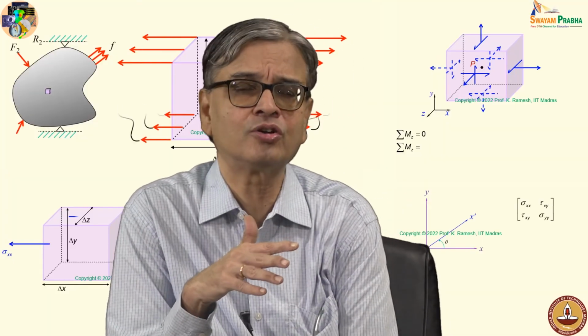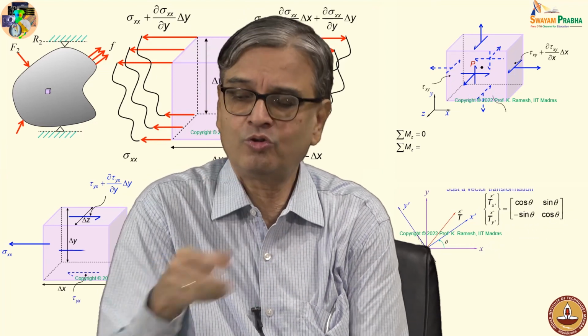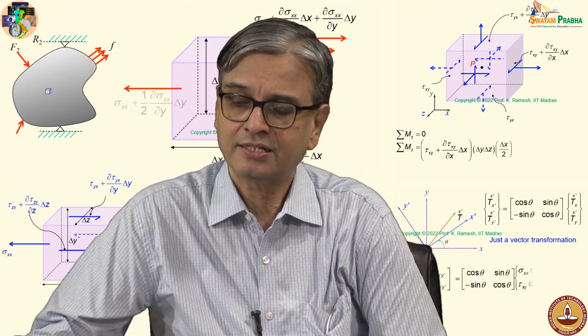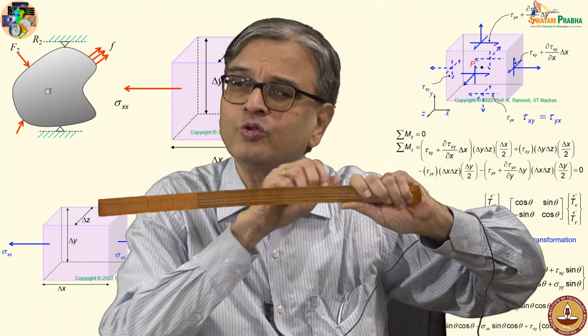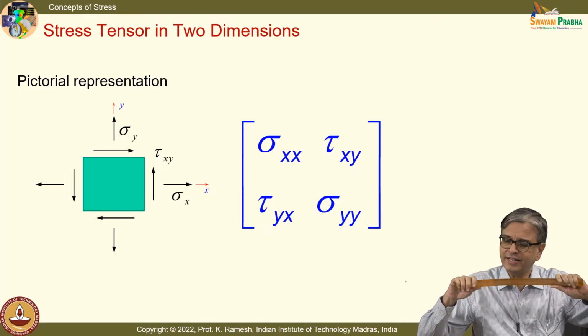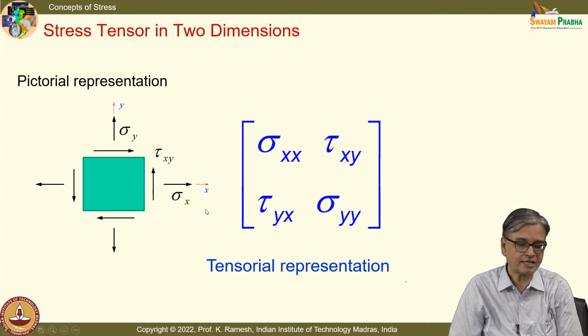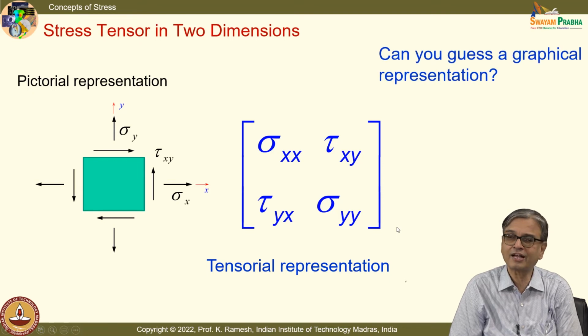Many times, you will have a uniaxial analysis. That's what we have looked at when you have a simple member in tension. We have done a uniaxial stress. This is a tensorial representation, and I again ask a question, can you guess the graphical representation?